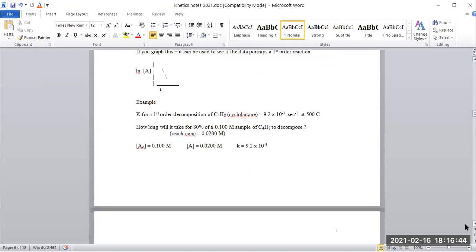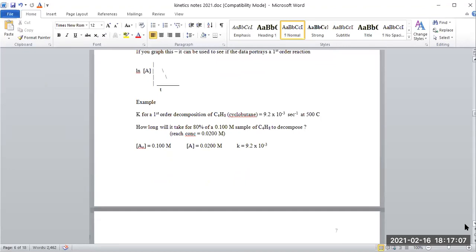My K value is 9.2 times 10 to the negative third. Note my time unit is in seconds. I wanted to figure out how long for 80% to decompose. Let's take a moment and think about what that actually means.